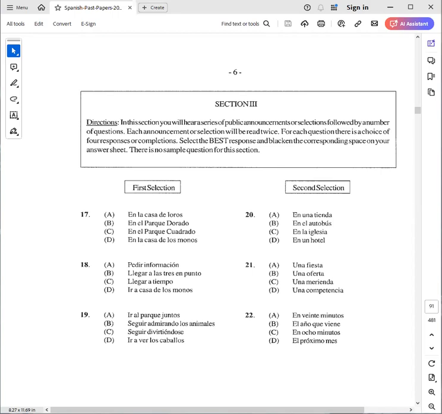Por favor, vengan temprano, diviértanse y después podrán continuar mirando los animales. Number 17. ¿Dónde tendrá lugar la exhibición?